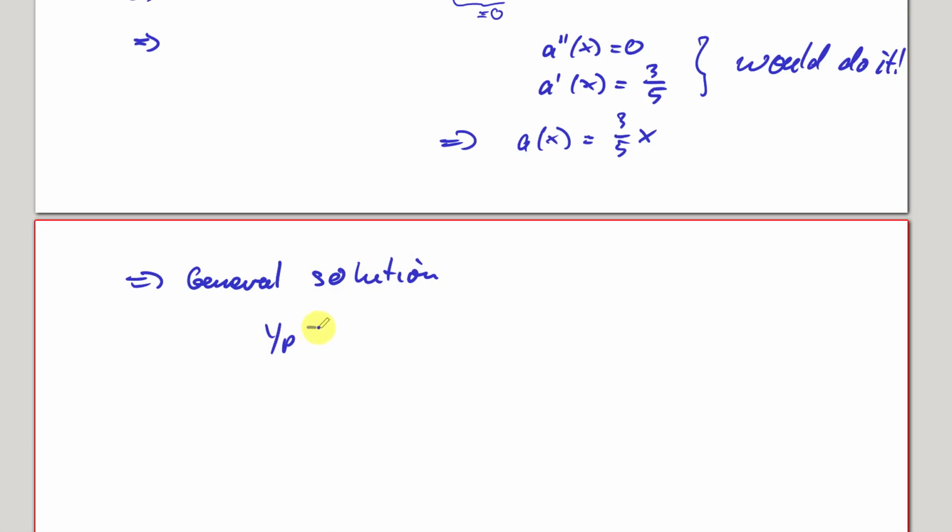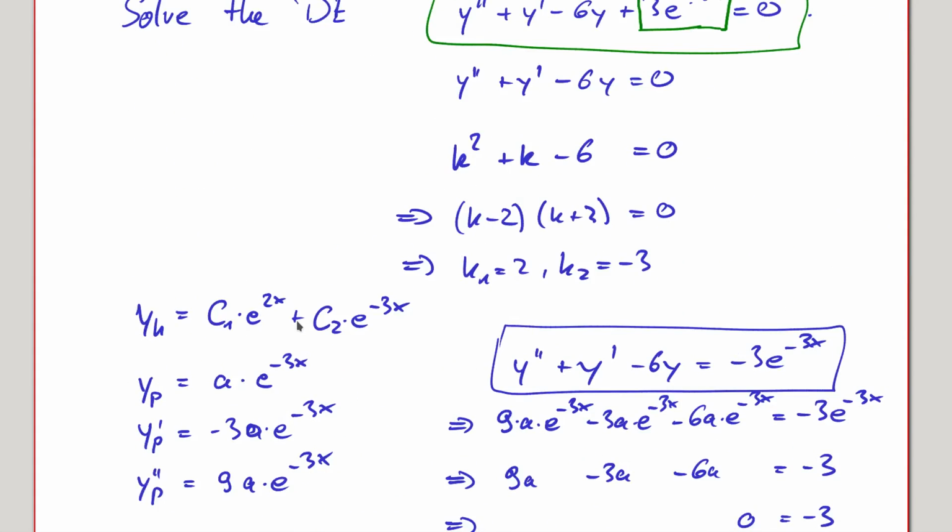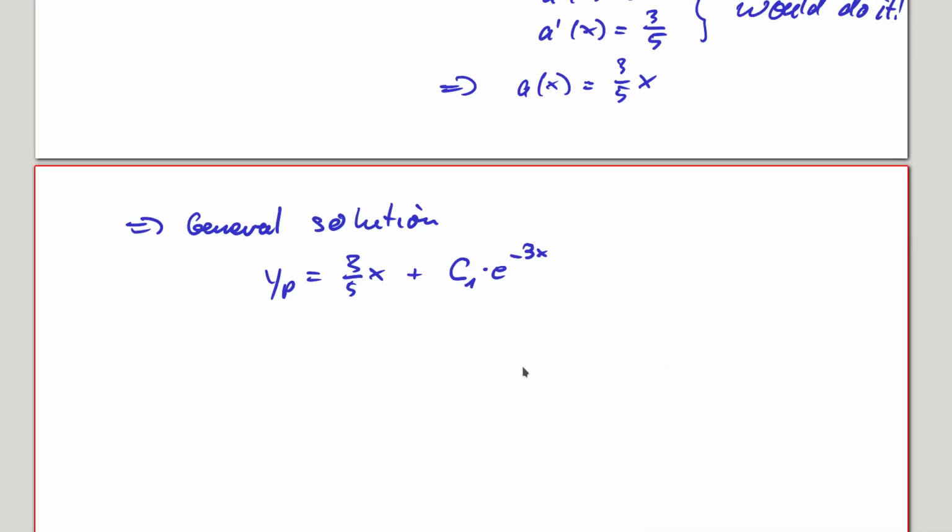So yp is just 3 over 5x, so this is the particular solution that we found, plus the general solution of the homogeneous differential equation. This is c1 times e to the power of 2x plus c2 times e to the power of minus 3x.